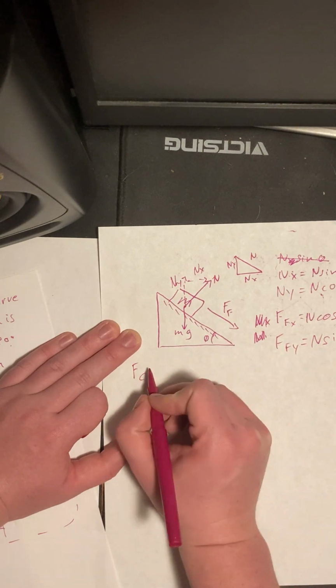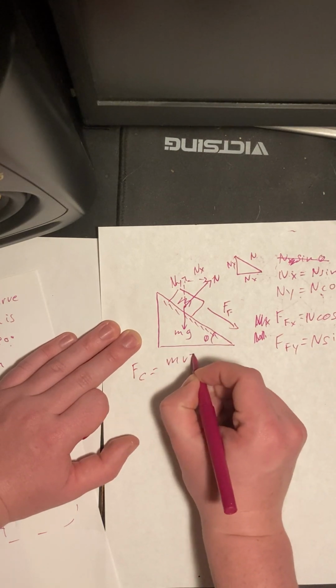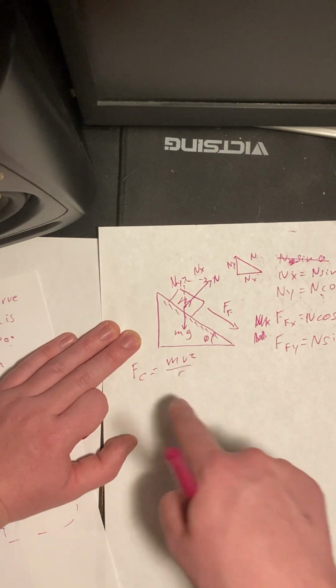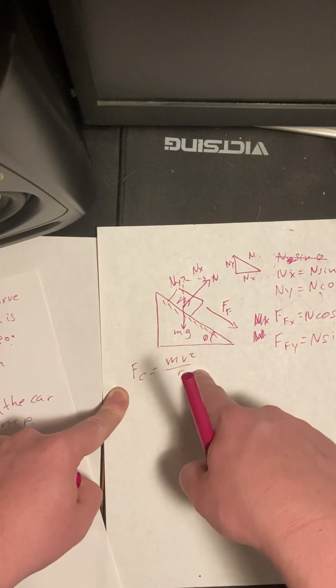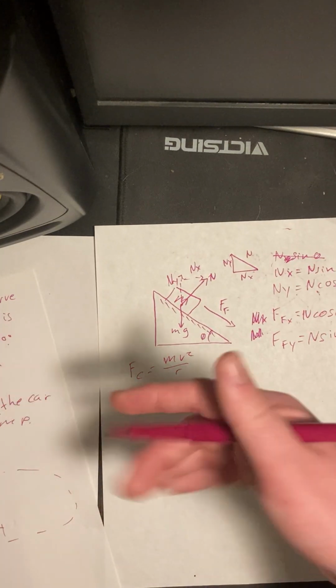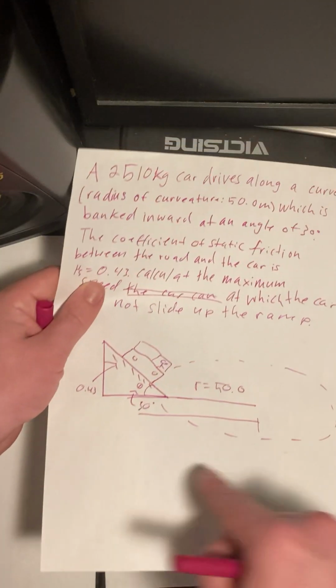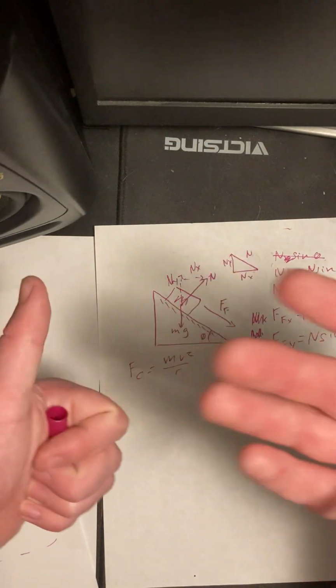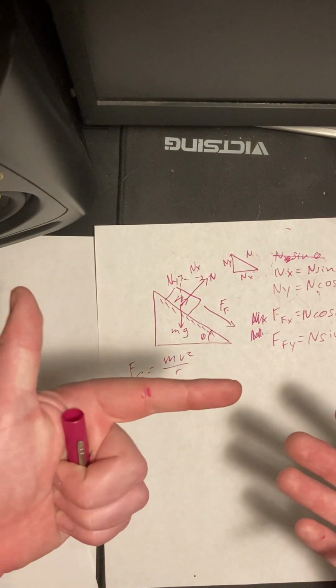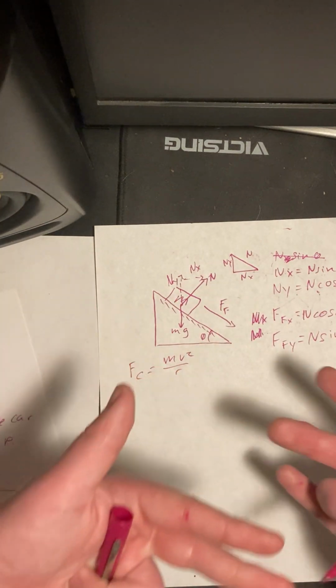And we know this is m v squared over r. Well, we don't just know that, we can prove it. But what this is saying, force centripetal is equal to mass times the velocity squared over r. So the centripetal force of going around in this curve is related to the mass of the vehicle, or the mass of what's going in the circle, the velocity of what's going in that circle, and the radius of that circle.